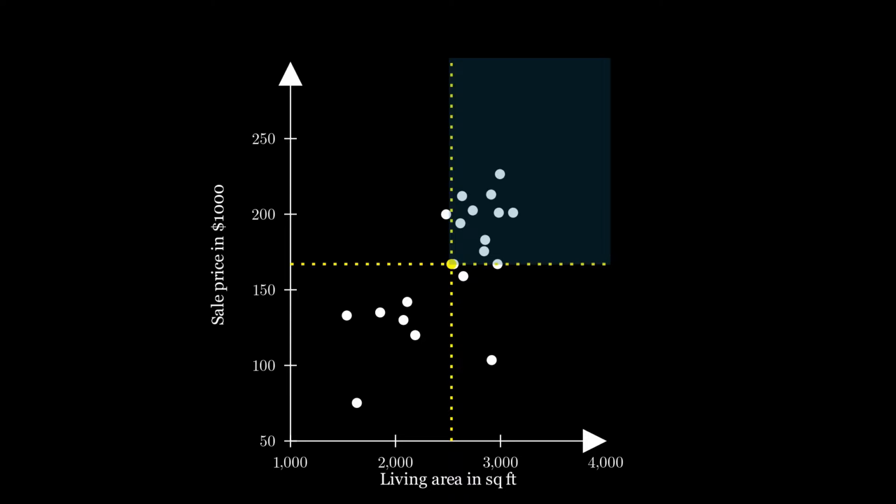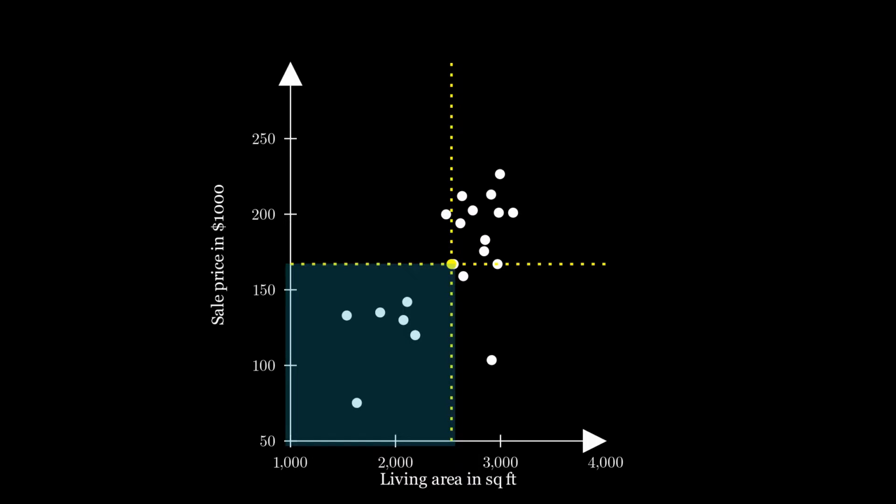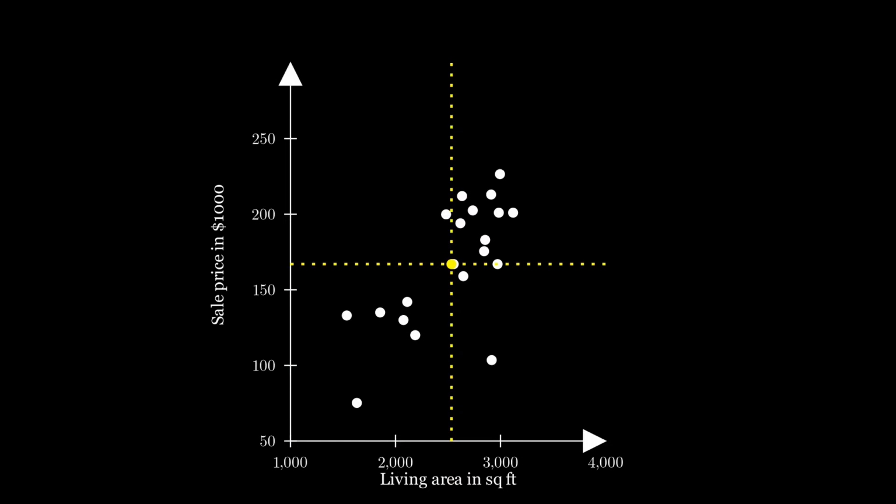Similarly, homes with smaller than average living areas on the left here tend to have less than average sale price. By visual inspection, we see these two variables directly covary together, positively covary together. The covariance between them is going to be positive.